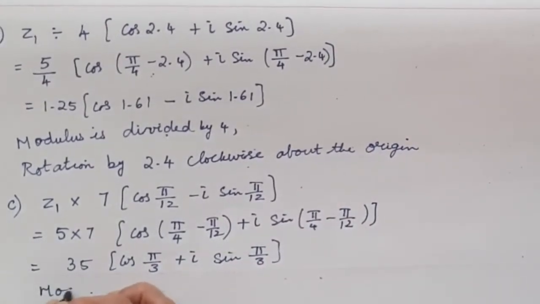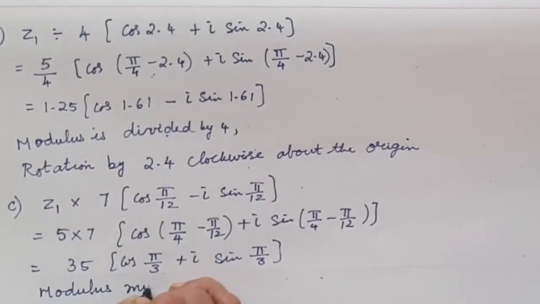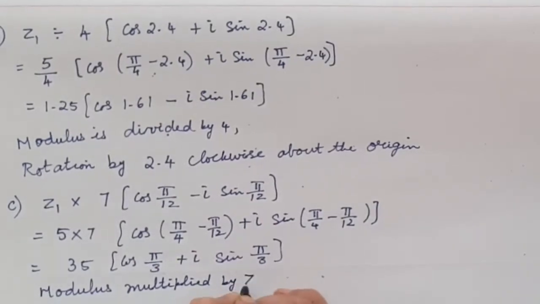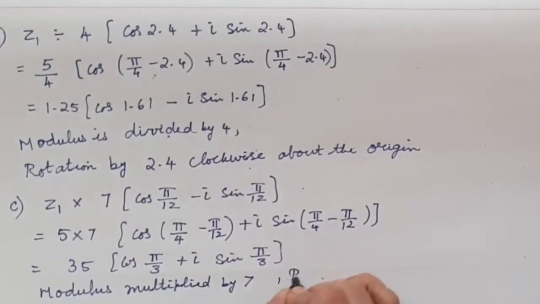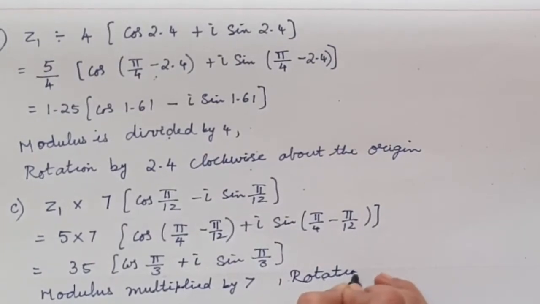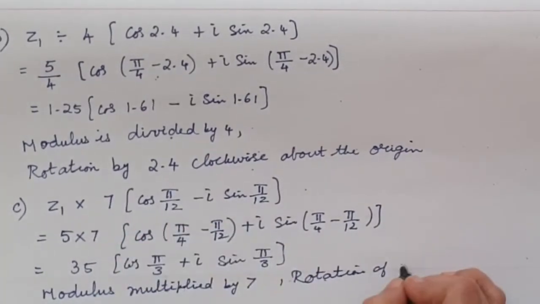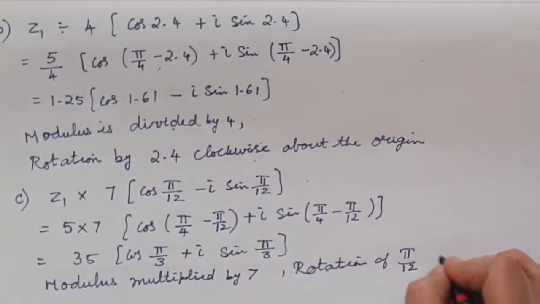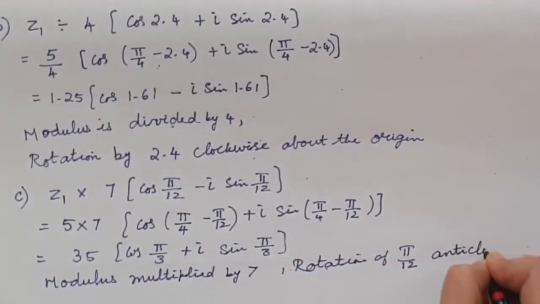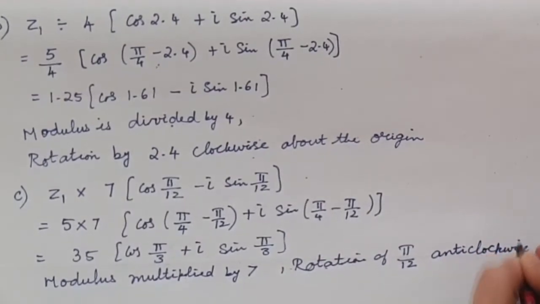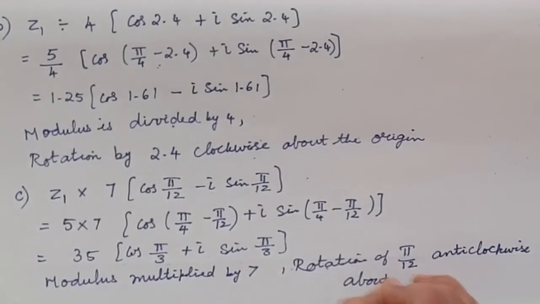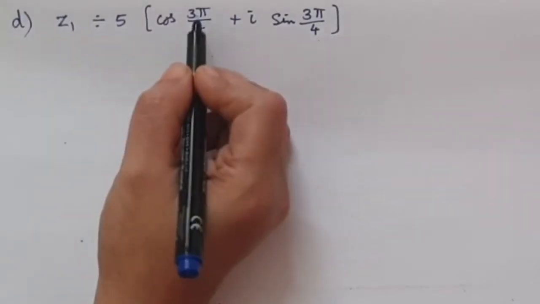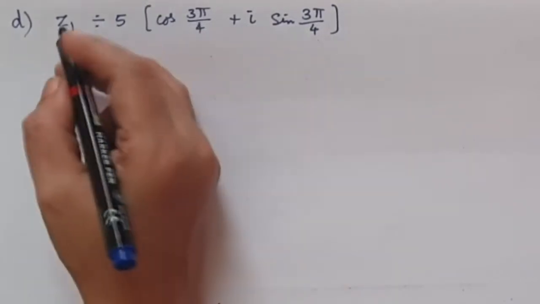So the modulus is multiplied by 7 and it is a rotation of pi over 12, and this is a multiplication, so anti-clockwise about the origin.